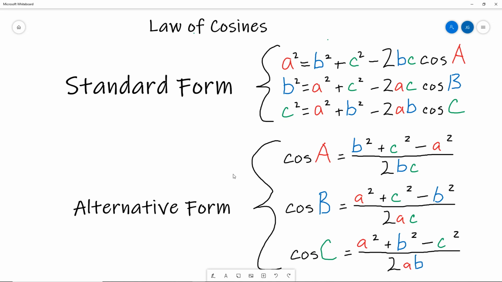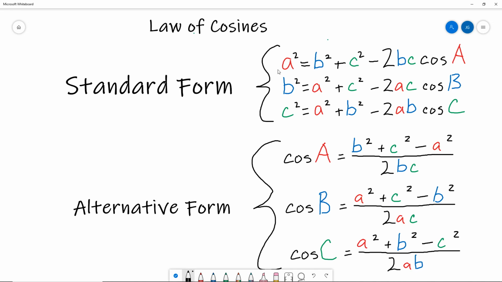So when we are talking about it in general, what the law of cosines is saying is that for any one of our three sides of the triangle, the square of that side is going to be equal to the sum of the squares of the other two sides minus this term: 2bc cosine of A, or 2ac cosine of B, or 2ab cosine C. It's going to be the sum of the squares of the two other sides minus 2 times the product of those sides times the cosine of the angle opposite to the side we're figuring out.